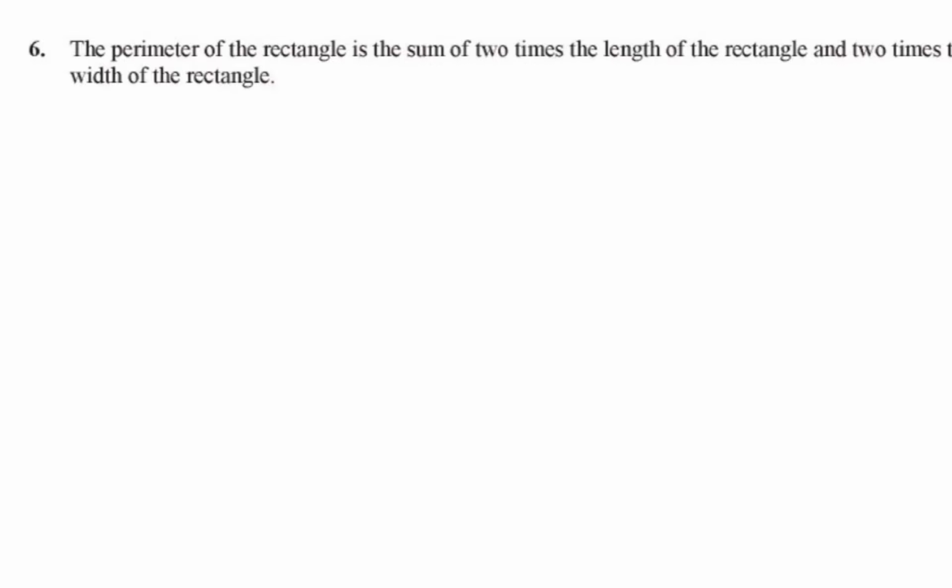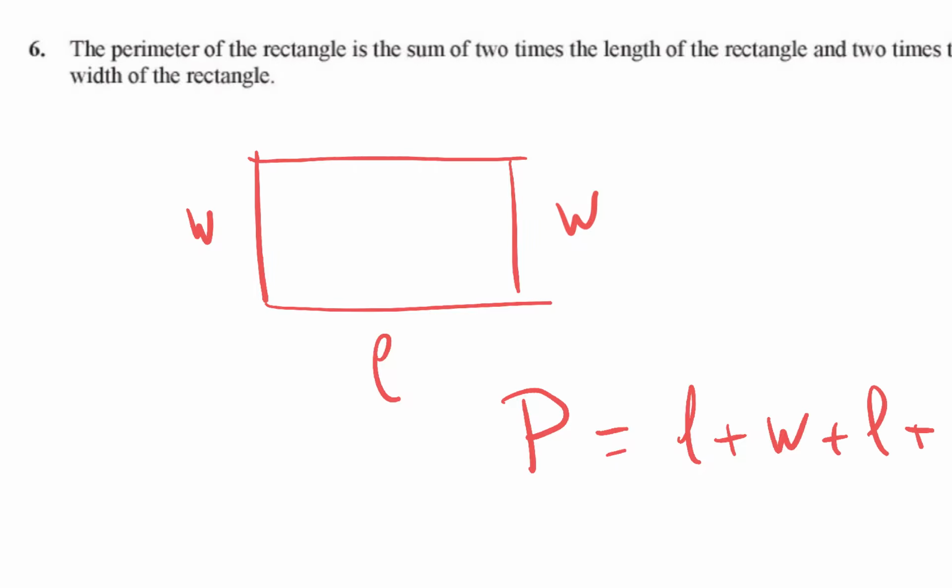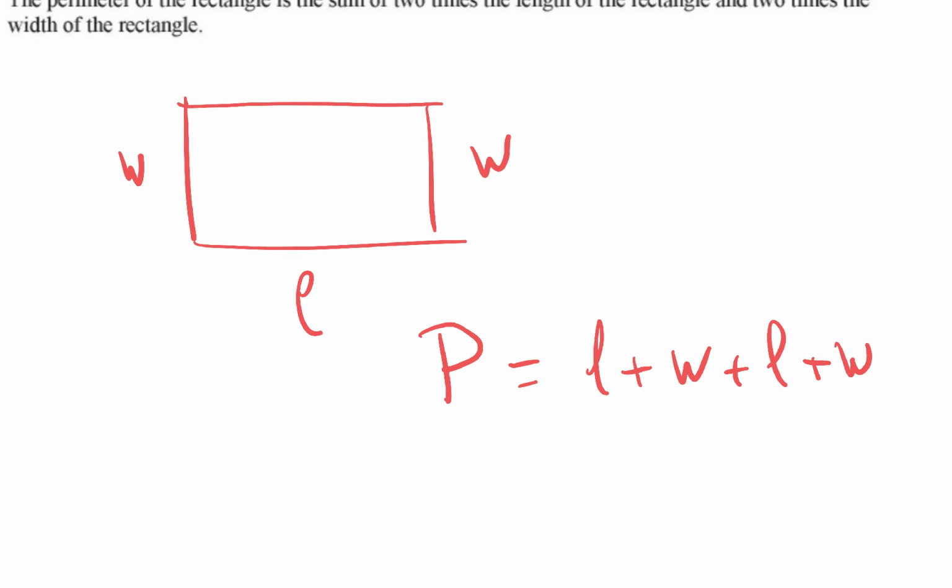I'm not going to tell you number 6. The perimeter of a rectangle, this is L, this is W. The perimeter, we name it P, is L plus W plus L plus W. So the perimeter is 2L plus 2 times W. You need to translate this into an equation.